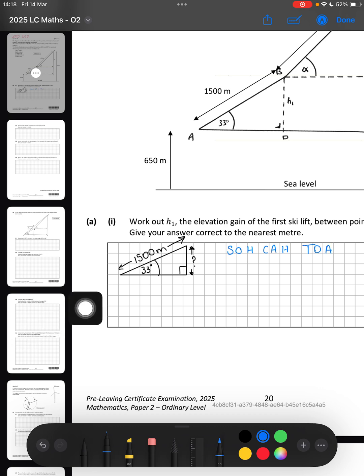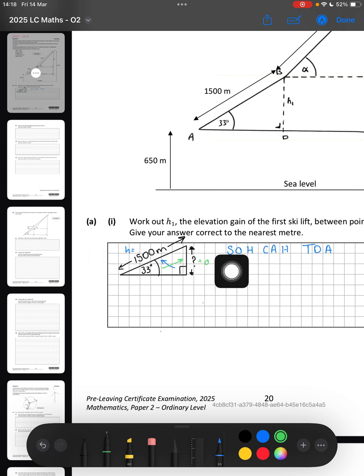Now I need to figure out what part of SOHCAHTOA I am going to use. So what sides am I working with here? Well, I'm working with my hypotenuse, because I have the side opposite my right angle, that's my hypotenuse. And I'm working with the side opposite my angle, which is called the opposite side. So from SOHCAHTOA, which part of it uses O and H?